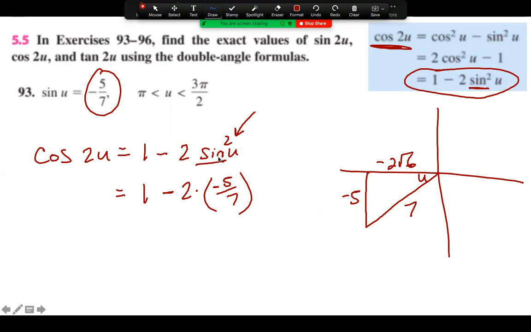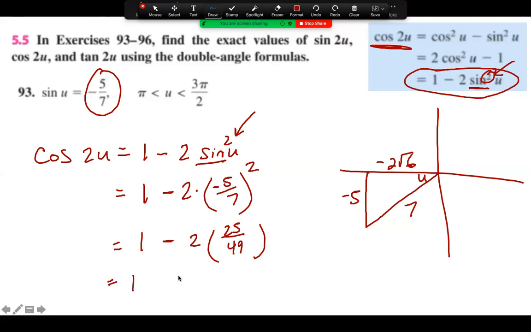But this was sine squared as part of the formula here, folks. So if sine is squared, you have to square the ratio. All right, so I caught my error there. And it's too late for me to edit this, so it is what it is. 1 minus 2 times -5/7 squared, you square top and bottom. -5 squared is +25. 7 squared is 49.